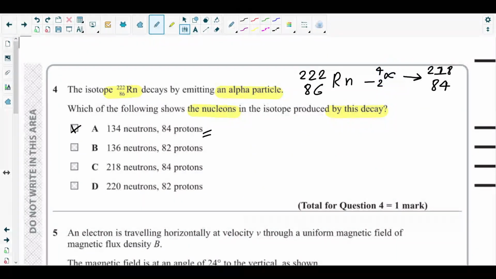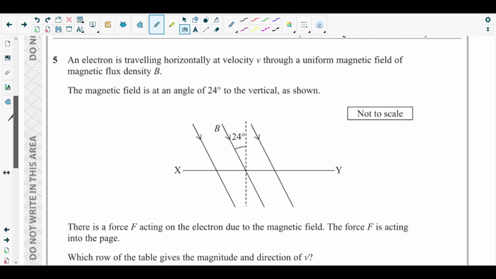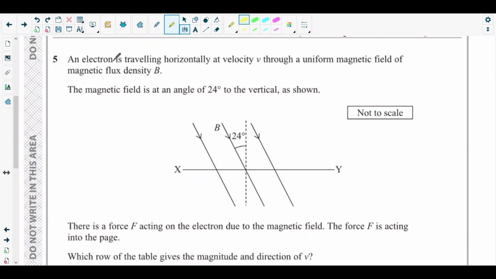Fine. Okay, next is question number 5, the fifth multiple choice question of the paper. Here the question says an electron is traveling horizontally at velocity v through a uniform magnetic field of magnetic flux density B. The magnetic field is at an angle of 24 degrees to the vertical as shown.